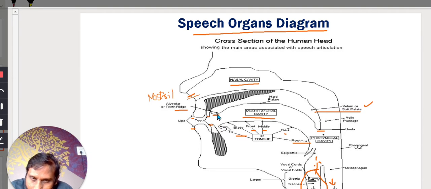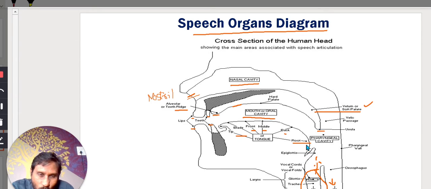After the teeth, there is the alveolum, the soft muscle part. After the alveolum, this is the palate, which is hard in nature, that's why hard palate. If you go further, this is the soft palate or velar region. At the end of the mouth, there is the uvula.